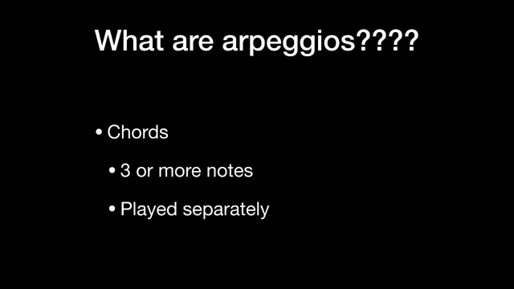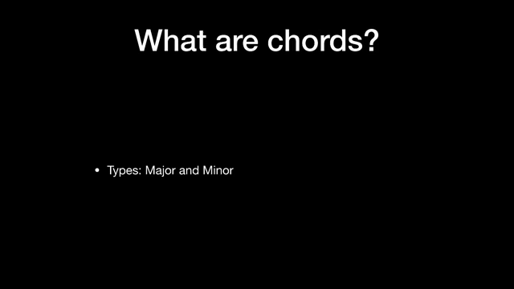What's an arpeggio? Wow, great typo, Jake. I guess I fail at the PowerPoint thing. Okay, so arpeggios are chords, basically, played separately. And a chord is three notes or more played out. What are chords? Well, I guess I just kind of answered that. We have three notes played together.